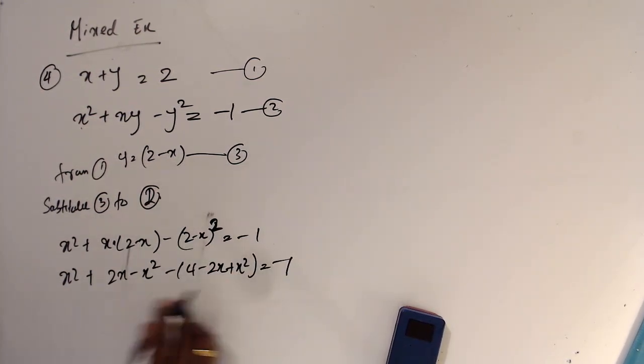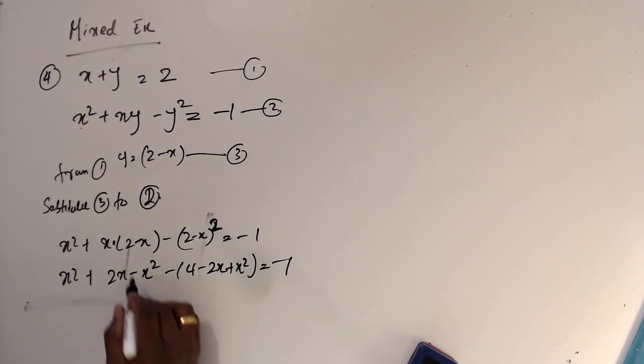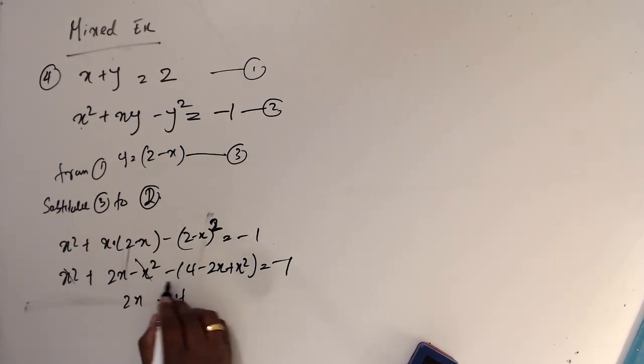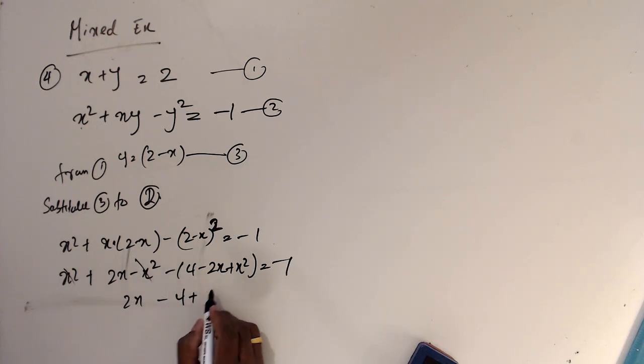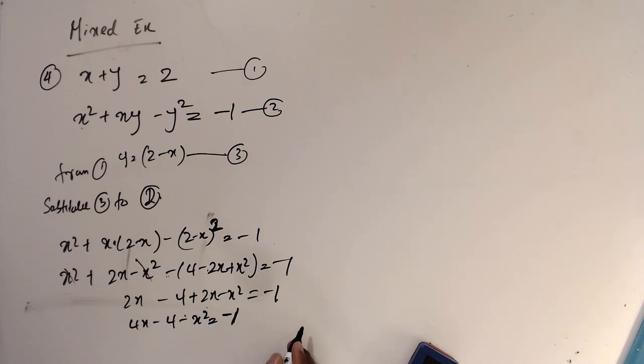I square this one. x square plus, I can see this cancels out. 2x minus 4, I'm taking the bracket out with the negative symbol, this becomes plus 2x, this is minus x squared, equals minus 1. So 2 plus 2, 4x minus 4 minus x square equals minus 1.